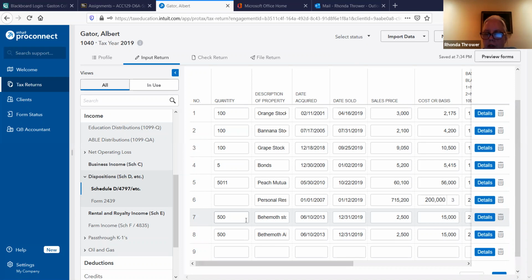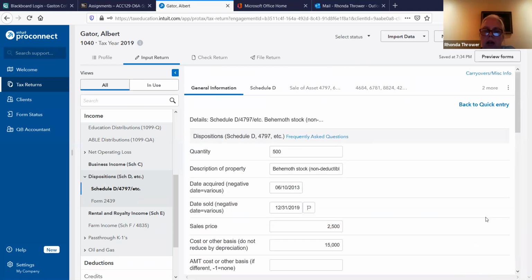The other half of the stock was sold to an uncle, and the uncle is a non-related party transaction. So I want to show you how to enter that information on ProConnect.